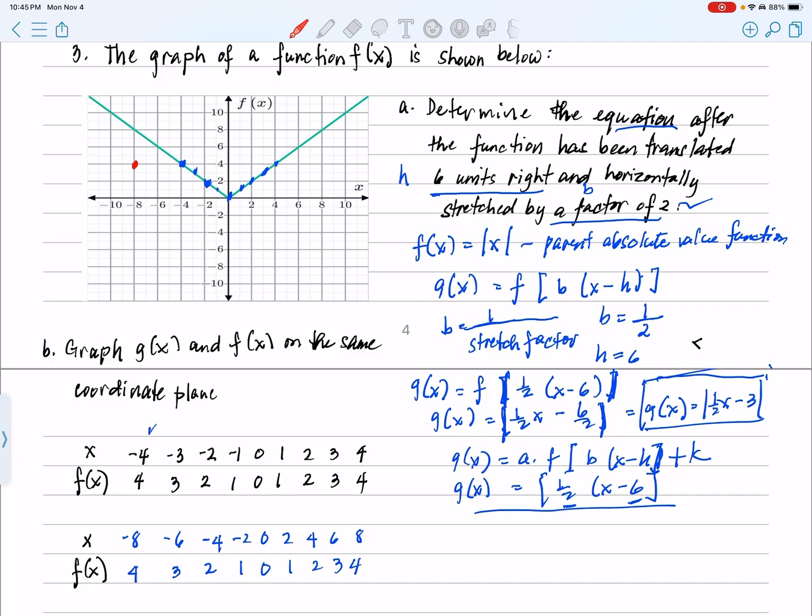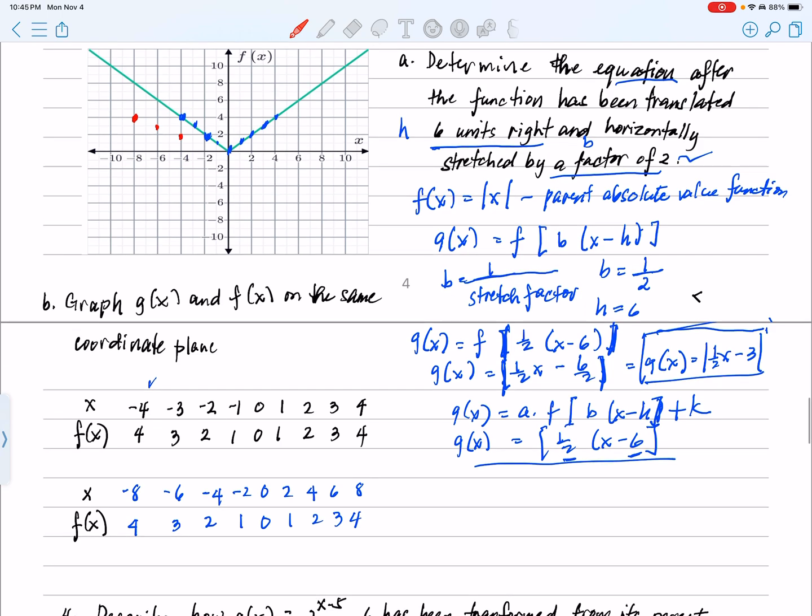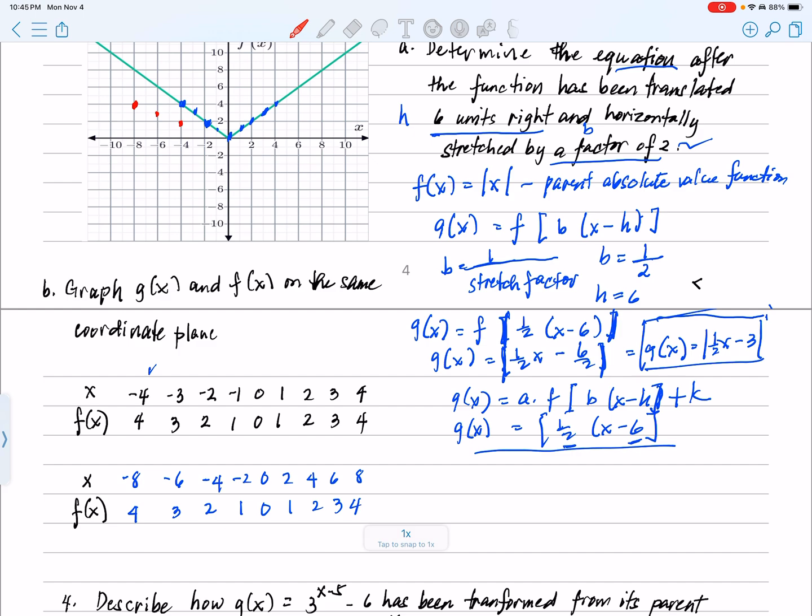Somewhere here. When it's negative 4, I have 2. When it's negative 2, it's 1. And then 0. When it's 2, it's 1. Then when it's 4, it's 2.